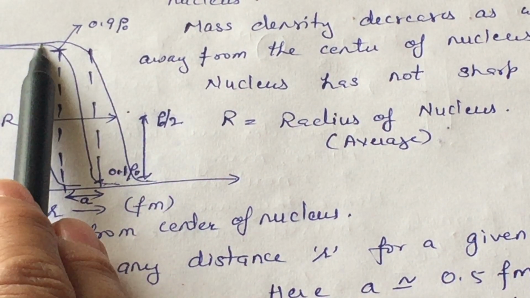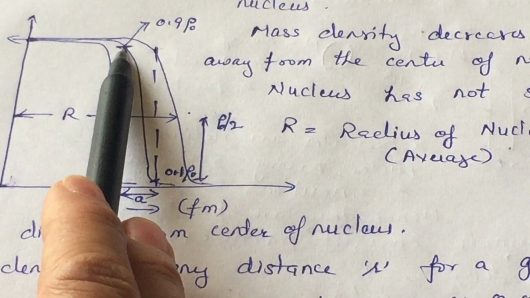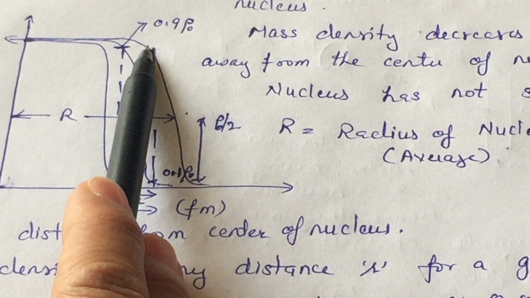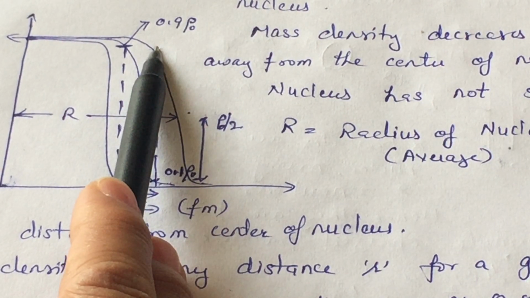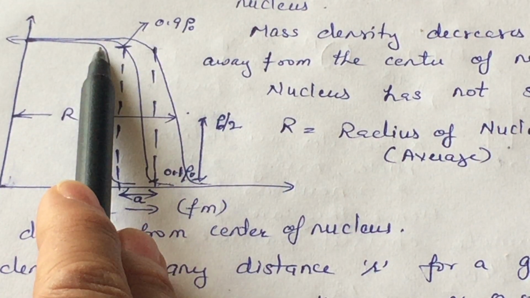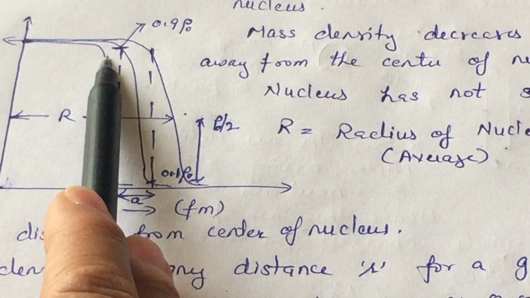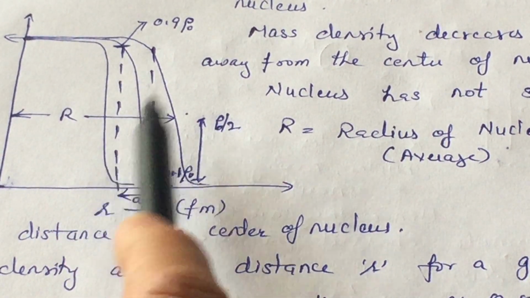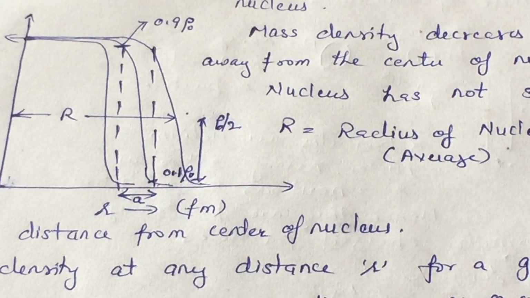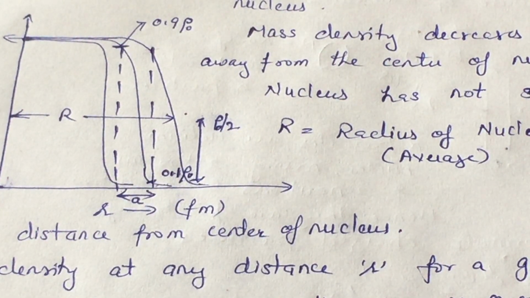After a certain point in every nucleus, the mass density gradually decreases after a long distance in the heavy nucleus, and in the case of lighter nuclei, the mass density decreases earlier as compared to the heavy nuclei. Now, what is the radius of the nuclei?